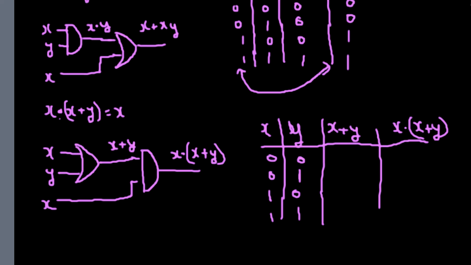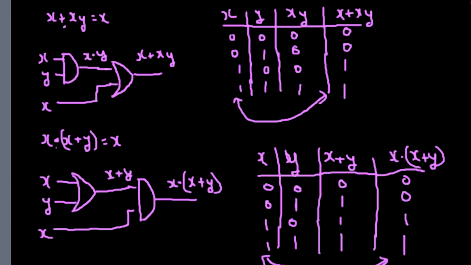Now let's find x plus y, which is 0 1 1 1. Now we'll multiply this x plus y column with x: 0 0 1 1. You can see again that the first and the last columns are the same, so this second absorption law, or dual of the first one, is verified. In the next video I'll talk about De Morgan, which is our final Boolean law.